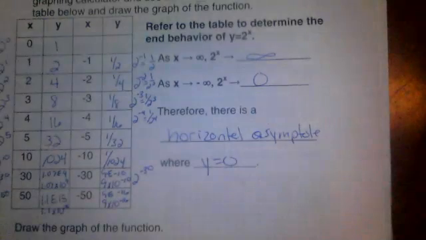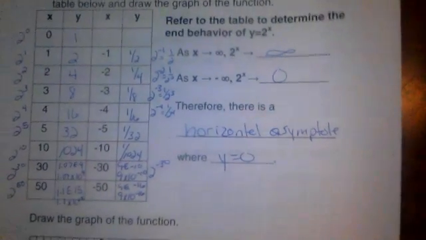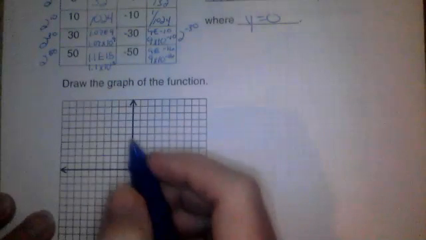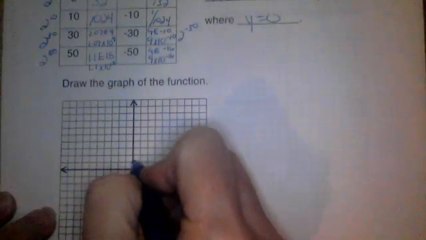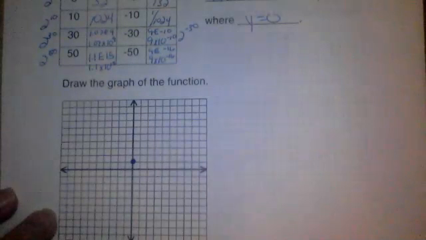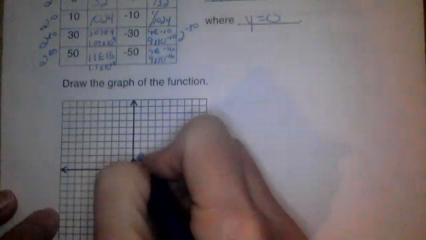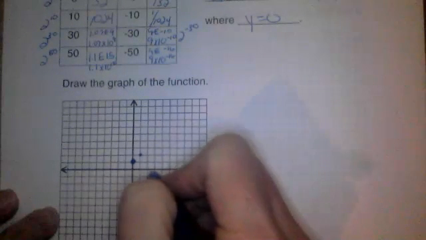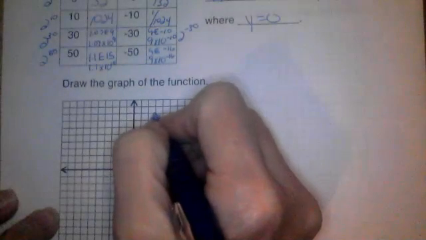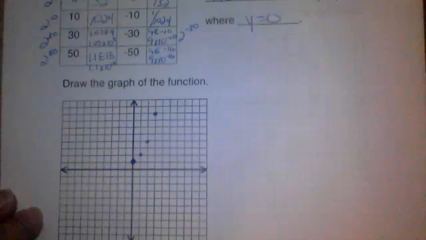All right, so they want us to sketch this function, so we're just going to use these values that we've got in our table and plot them. So we have 0, 1. That is a very important point. I want to make that one really big. And then we have 1, 2, 2, 4, 3, 8. And that's about all that will fit that direction.